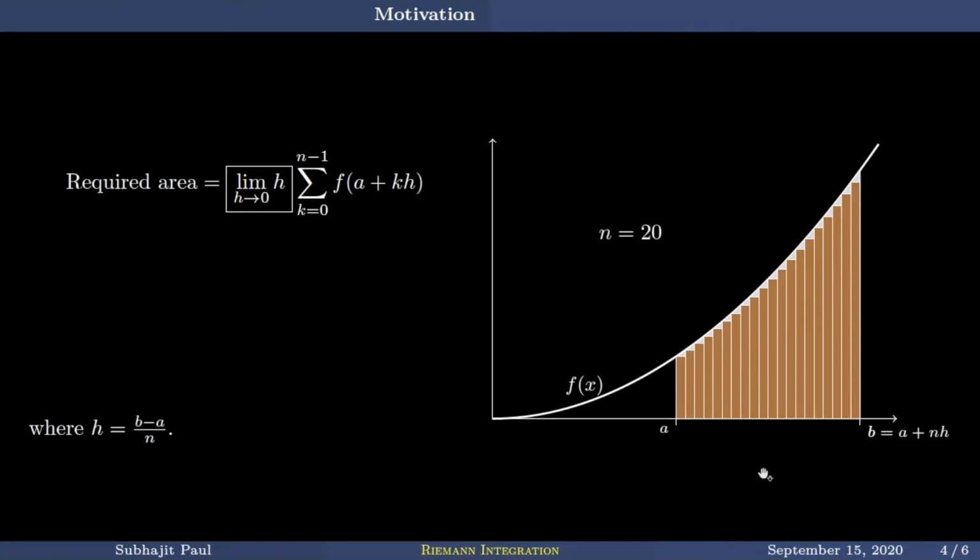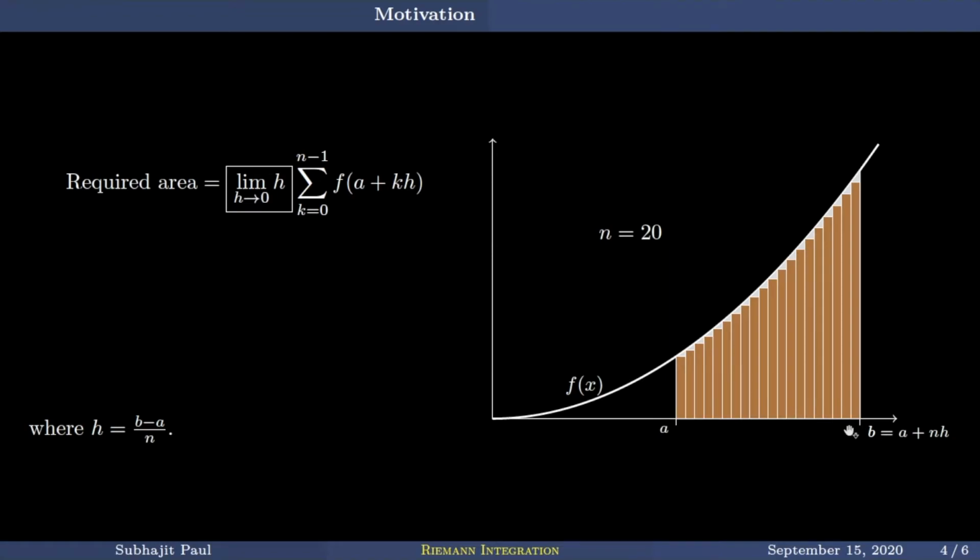All right, so what we have done is we have subdivided this entire interval into n small subintervals.